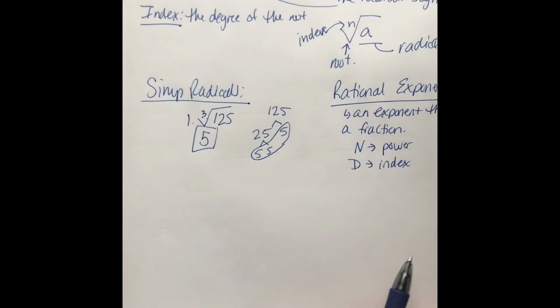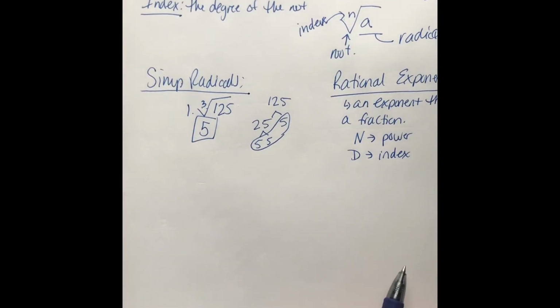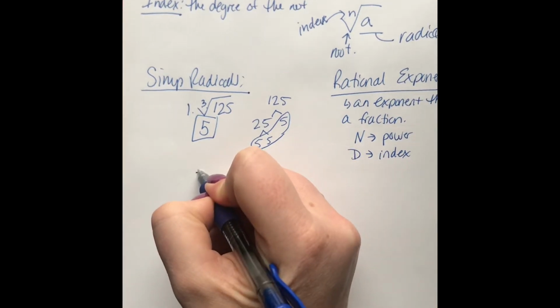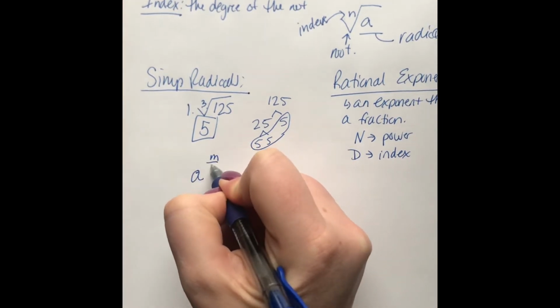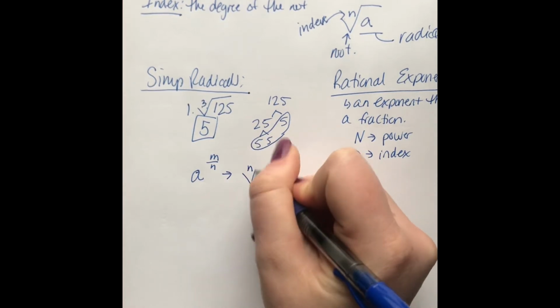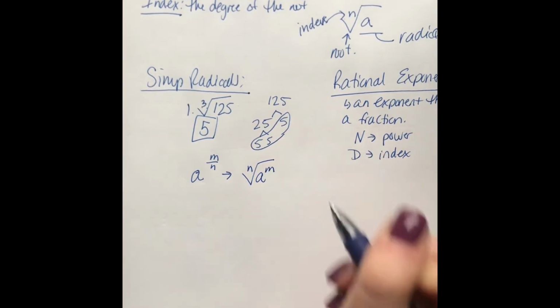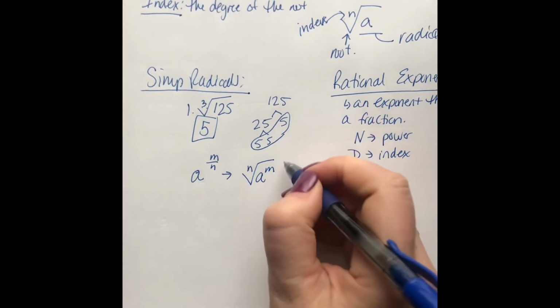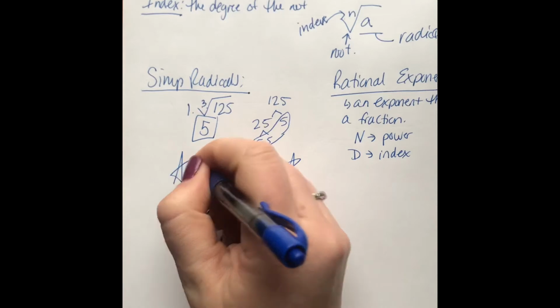So if we have something like a to the m over n, that is the same thing as saying the nth root of a to the m. That's the biggest thing we're going to take away from this.